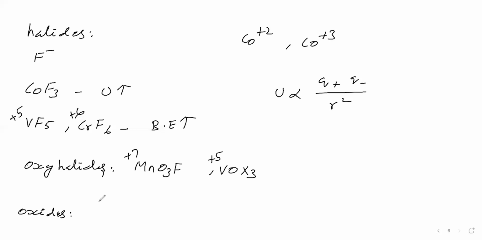Next we will take some oxides: TiO, vanadium oxide VO, chromium oxide CrO, ferrous oxide FeO. We will see their basic nature.